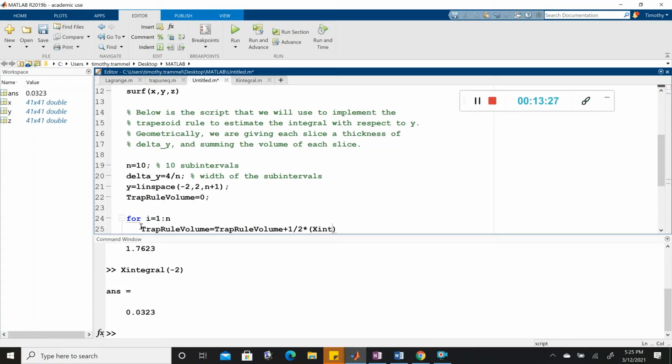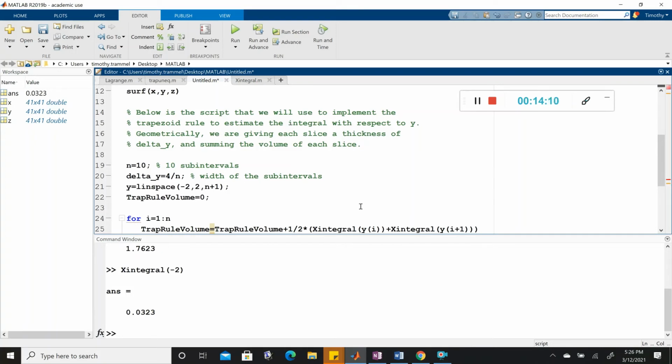So x integral, from our function up here, x integral, and we'd like to do this with the first element, so y sub i, plus x integral of y of i plus 1.